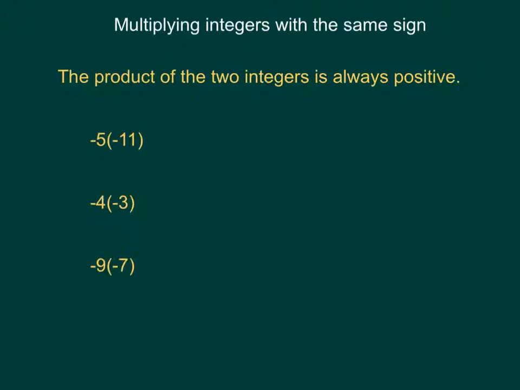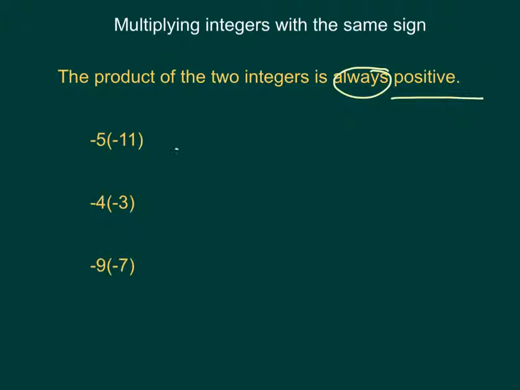When multiplying integers with the same sign, the product of the two integers is always positive. So before, if they were different signs, the answer was negative. If they have the same sign, the answer is positive. So we have a -5 times a -11.